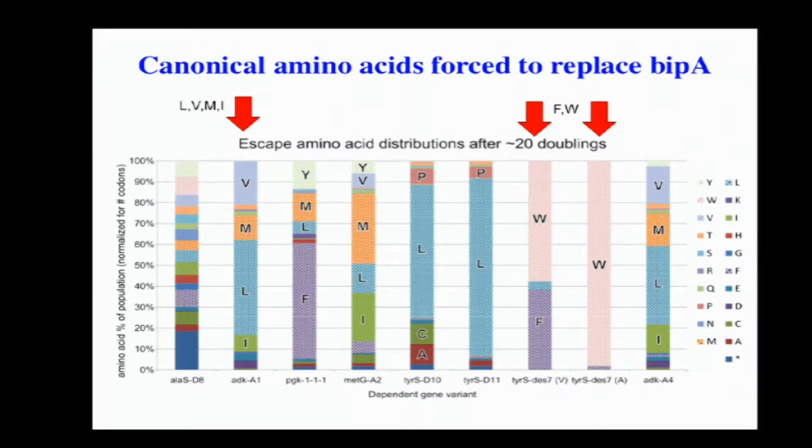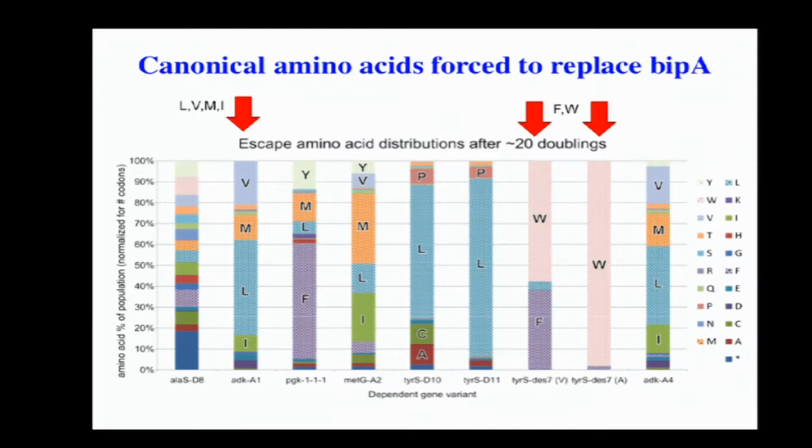This is our intentional one. We put in each of the 20, and then do a quick selection at 20 doublings. It's a very fast evolution, not 3 billion years. My students didn't want to wait. So in 20 doublings, you get a spectrum of which amino acids will substitute for BIPA. In an ideal world, none of them would, but we forced them to, and these are the survivors.